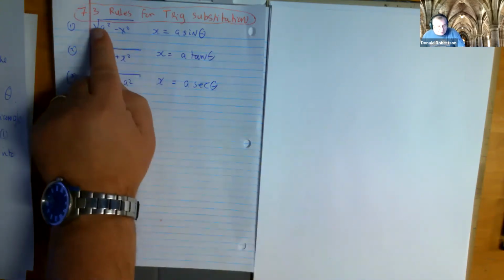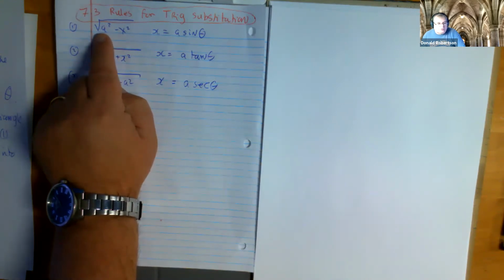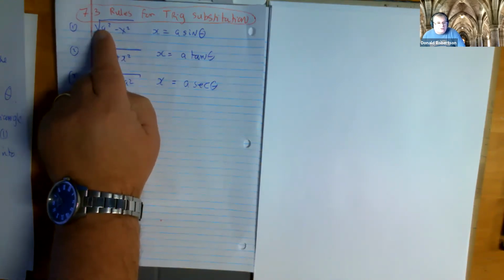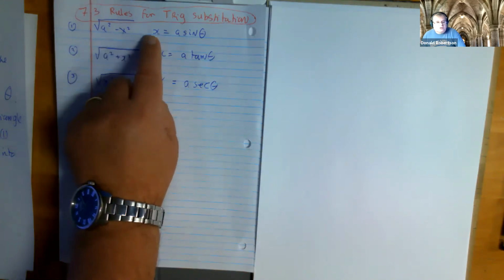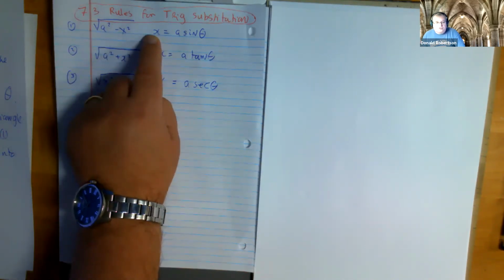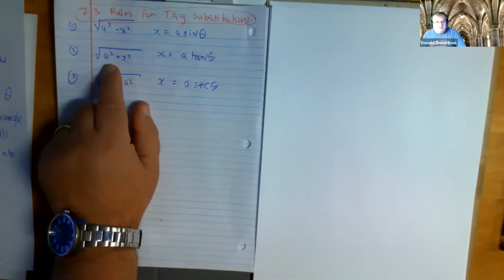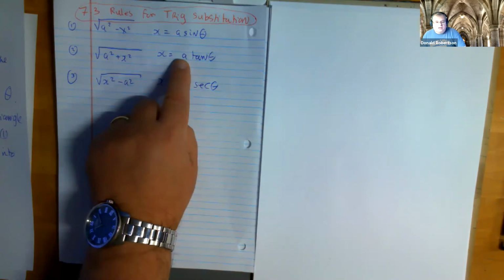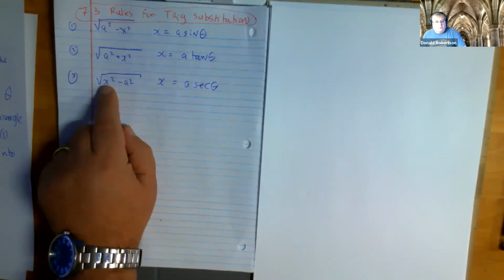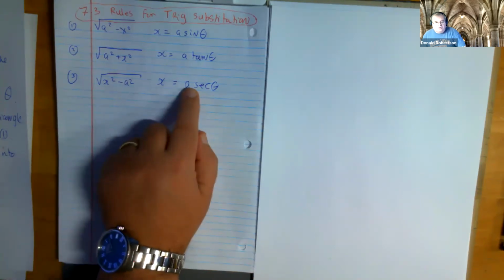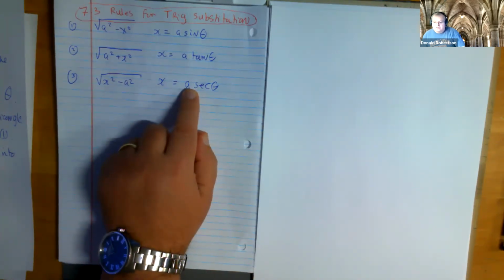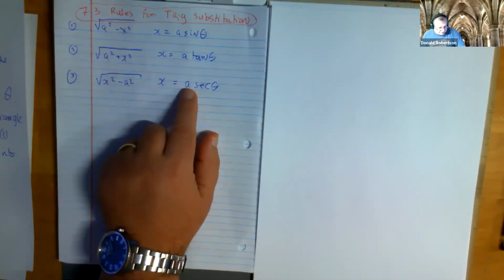If ever you see an integral with the square root of 16 minus x squared, or the square root of 4 minus x squared, then you're going to use this substitution: x equals a sine theta. If they're added together, you're going to use a tan theta. And if one has the x squared first and then you subtract the number, you're going to use a secant theta.